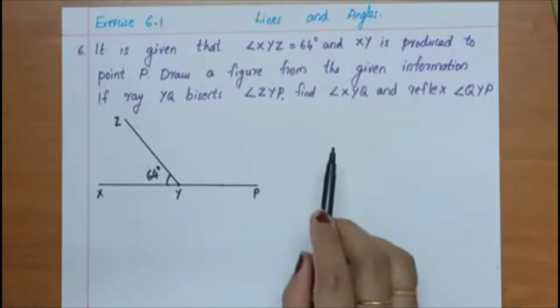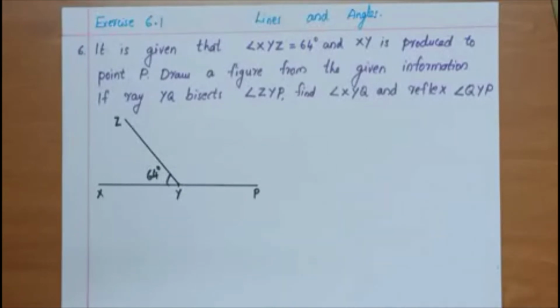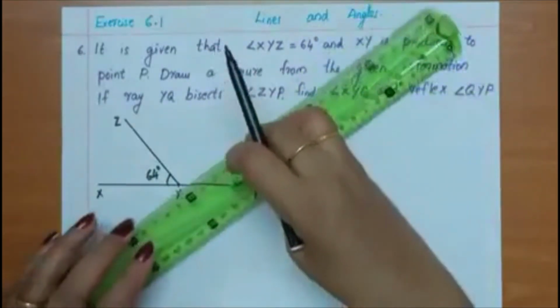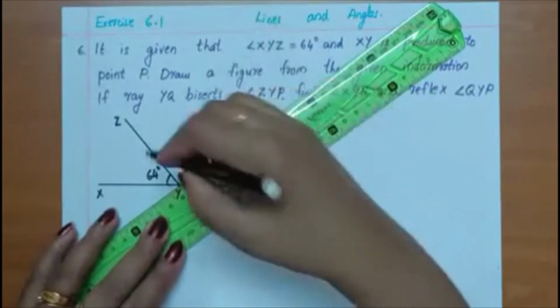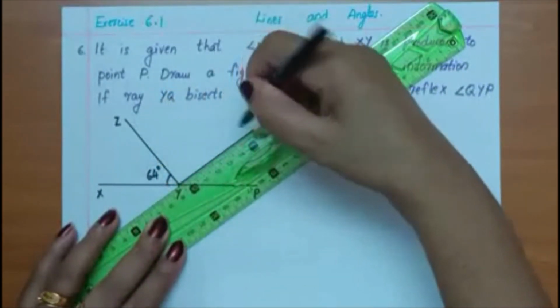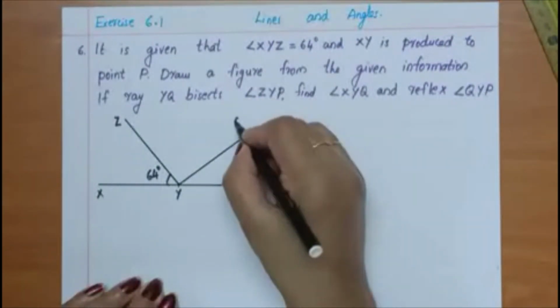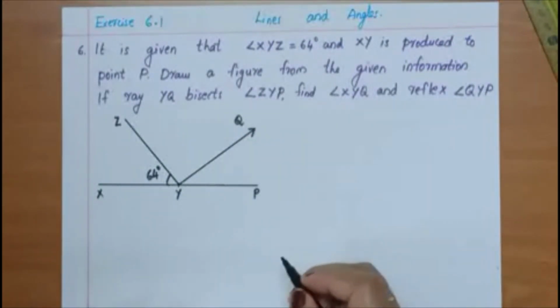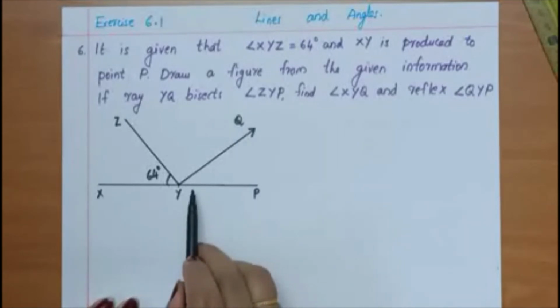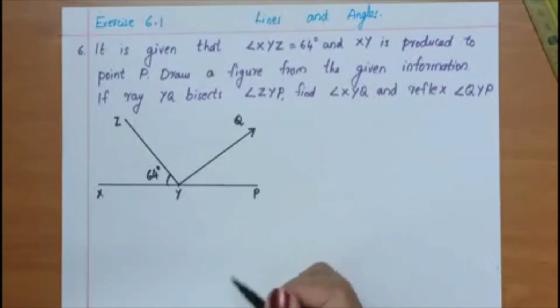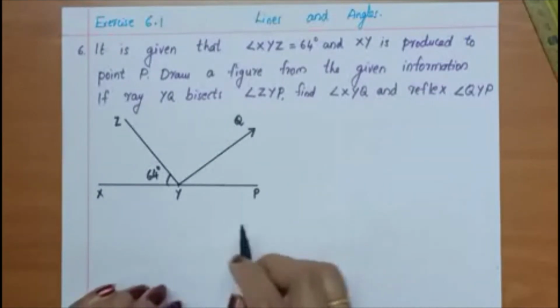If ray YQ bisects angle ZYP, we have to draw another ray YQ. This is ray YQ, which is bisecting the angle ZYP, meaning these two angles will be equal.